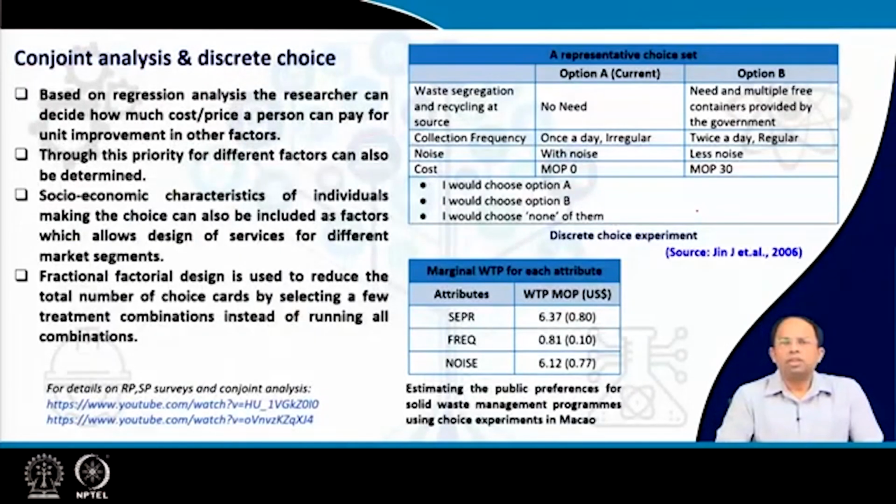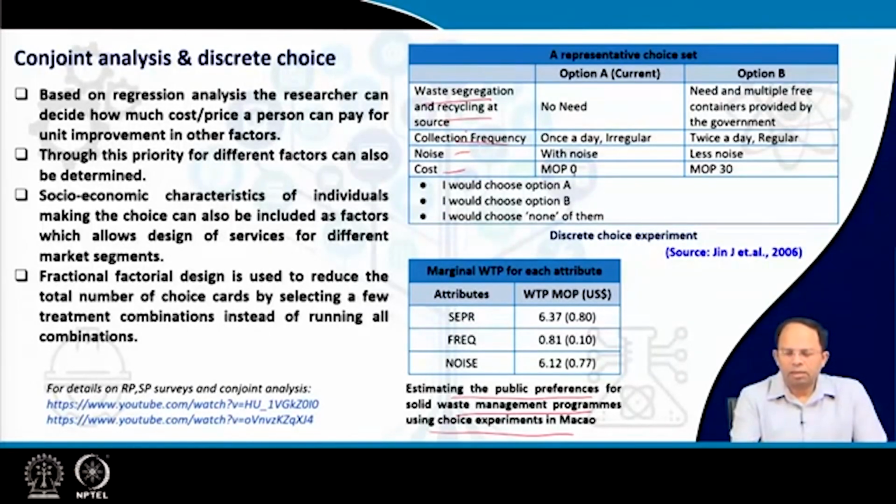Similarly, in the case of discrete choice analysis, you can see that it's more or less the same thing. This is another paper, estimating the public preferences for solid waste management programs using choice experiments in Macau. So here you see the attributes are waste segregation and recycling at source, collection frequency, the noise generated because of solid waste collection, and the cost.